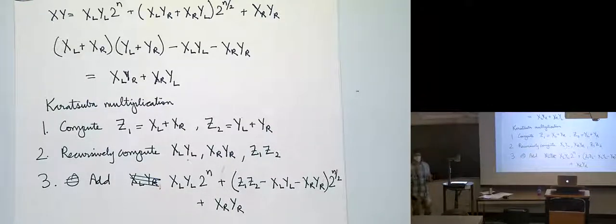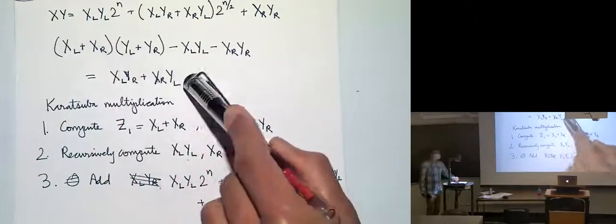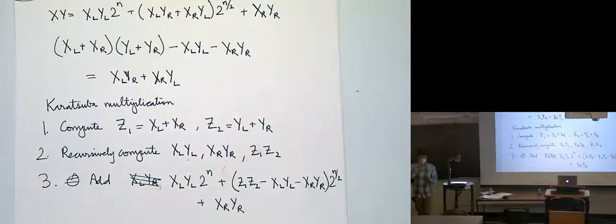Does this make sense? Because this middle that I'm computing is exactly this formula here. Any questions? It's clear?